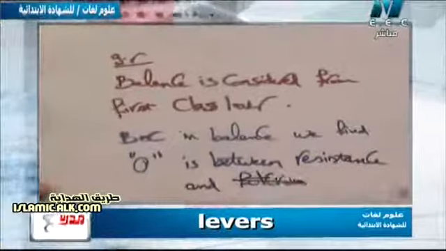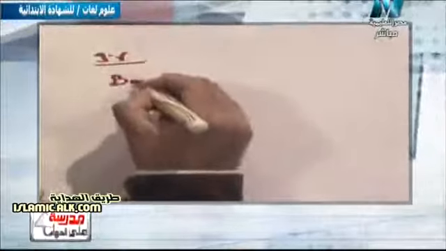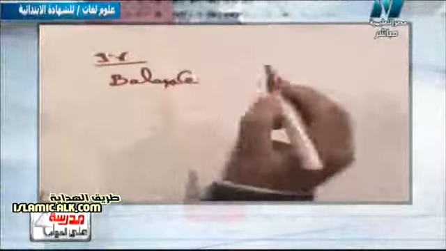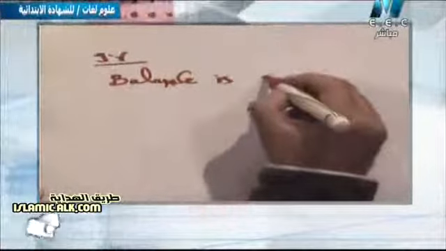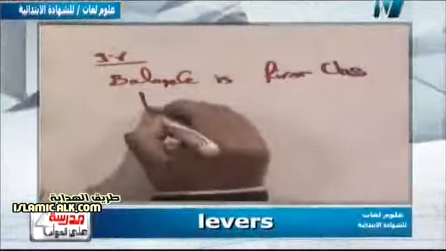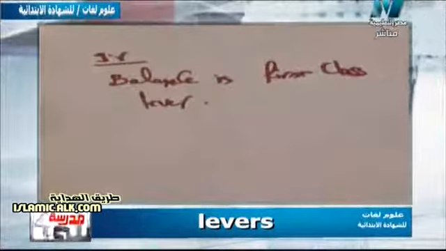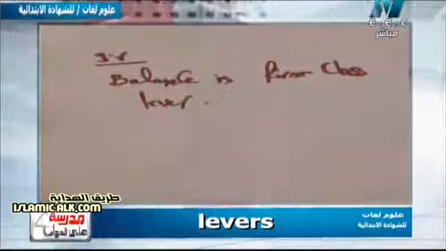I'm so sorry. I will write the question again. Give reason. The question says that. Give reason: balance is considered a first class lever. So simply, for the first class lever we said the word ORF, with O here in the middle.